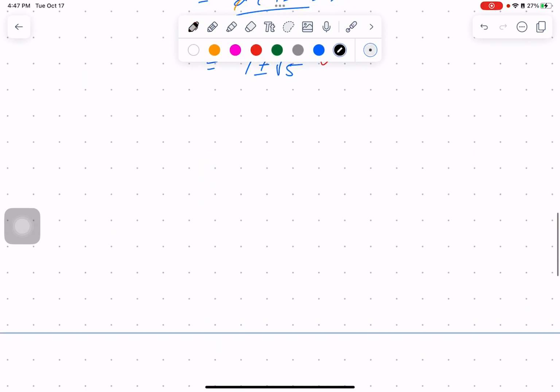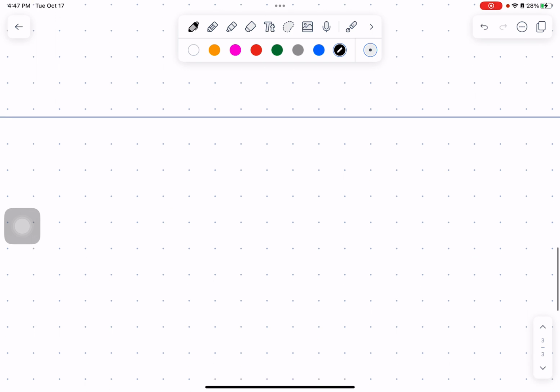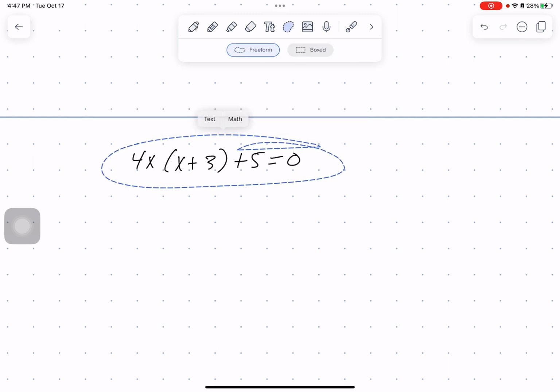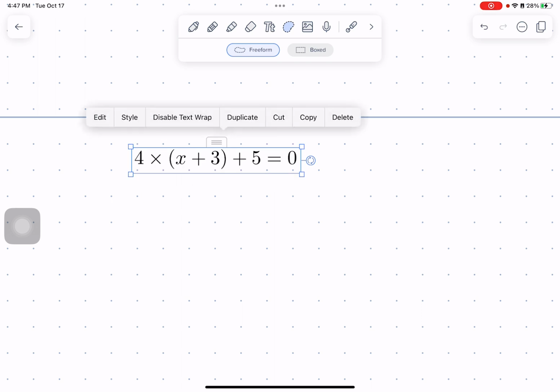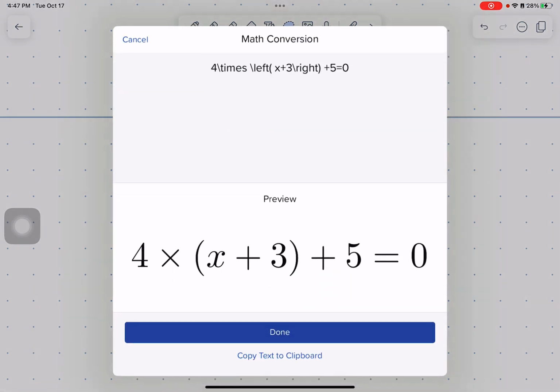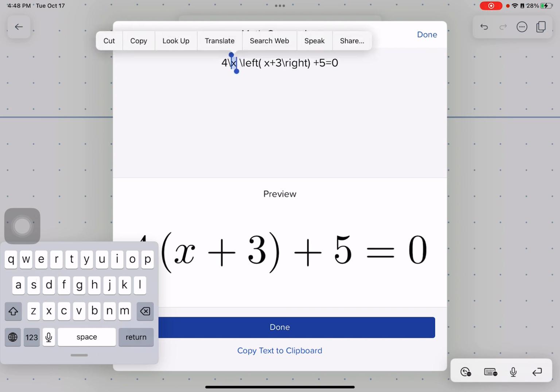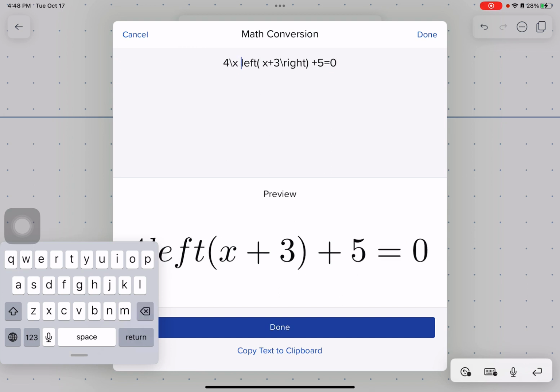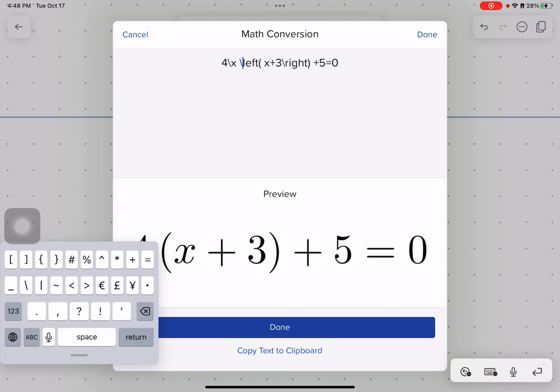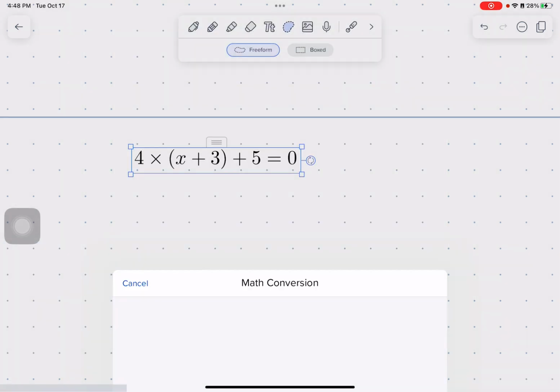The next one is 4x, bracket x plus 3, plus 5 equals 0. So, oh, that's not an x. There we go.